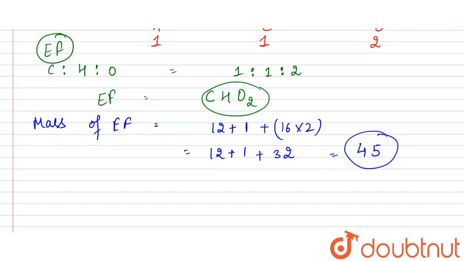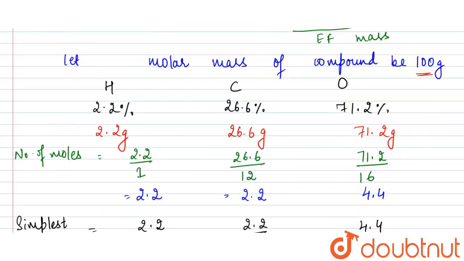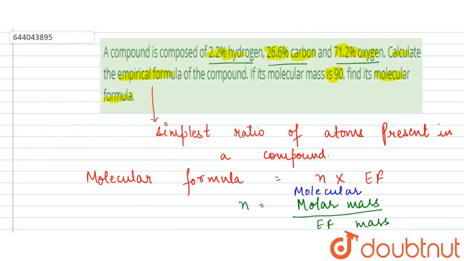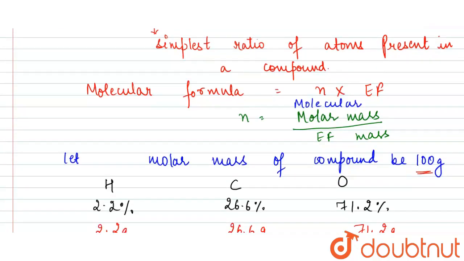Now we are given the molecular mass of the compound in the question, and that is 90. So for the molecular formula we have n into empirical formula, and we have already discussed that the value of n is molecular mass upon empirical formula mass.